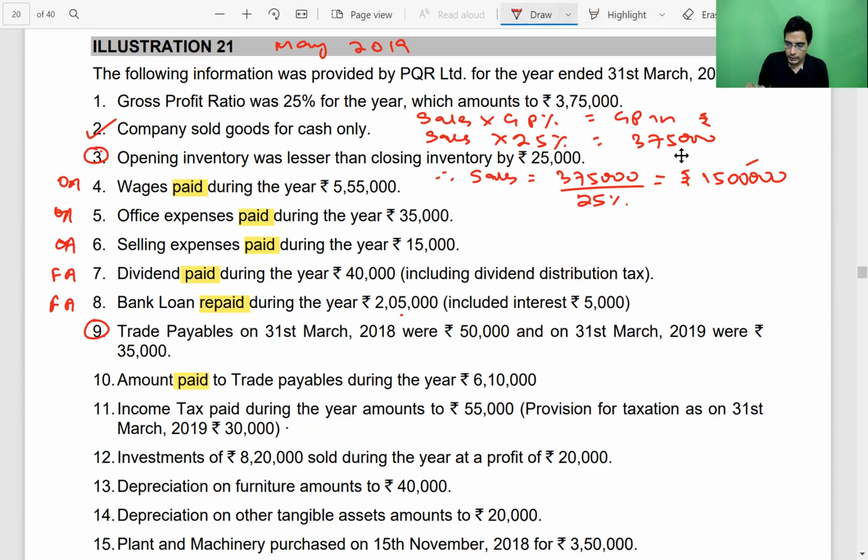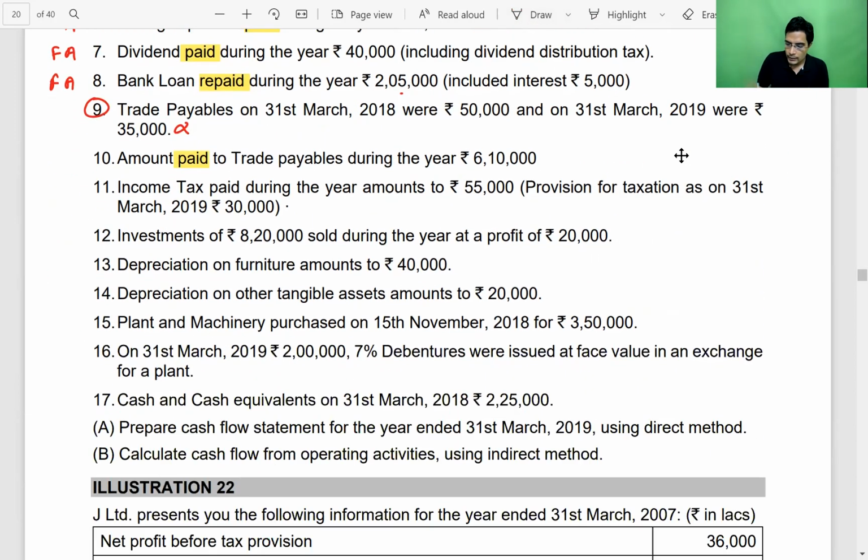So under direct method, this information becomes useless because from this information, the only thing we are going to obtain, by preparing creditors account, is the amount paid to creditors, but that has already been provided to us in point number 10. So under direct method, point number 9 becomes useless. Income tax paid will come in operating activity.